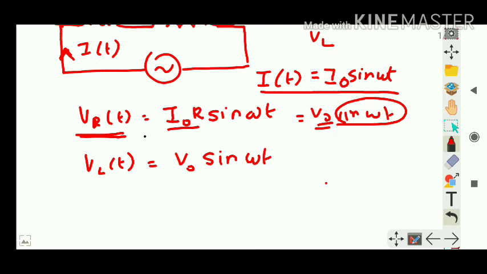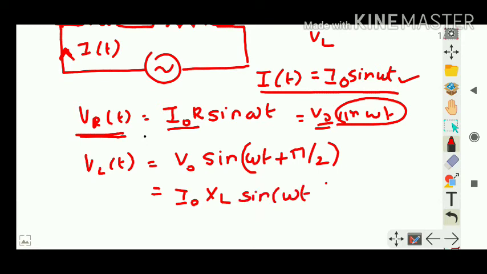Current lagging means voltage is leading, so if current is sin omega t, then the voltage will be sin of omega t plus pi by 2. This V naught I can write as I naught times the reactance of the inductor, XL, sin omega t plus pi by 2. You got two equations for VR and VL, clear?